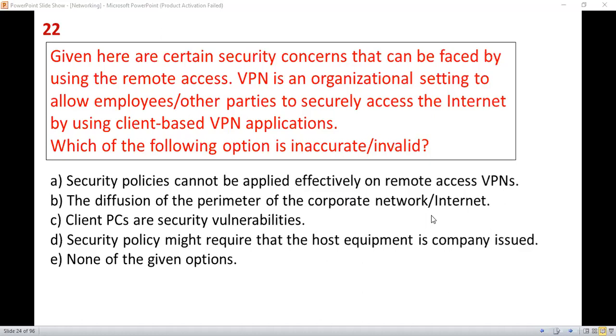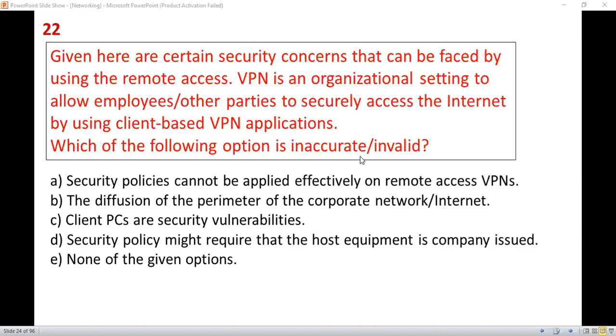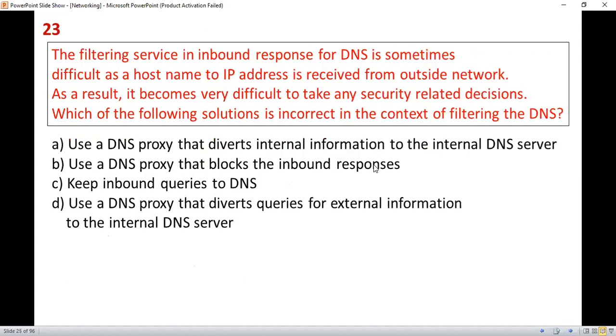We cannot diffuse any perimeter or any network internet connection in remote access. So the answer for this question will be 2. See, if we are working on a remote basis, the security policy we cannot apply effectively on a remote access.